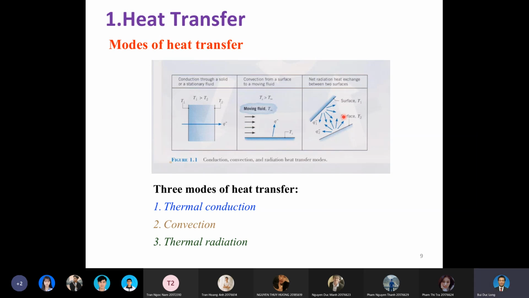Anyone can give me an example of what you know about thermal radiation? Don't know? What's your name? My name is Dung. Okay, can you give me an example?